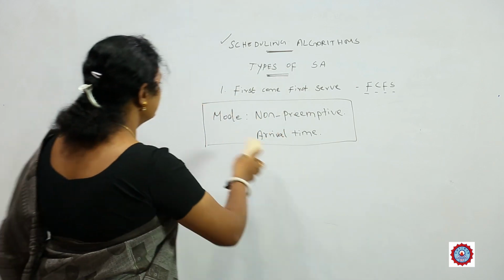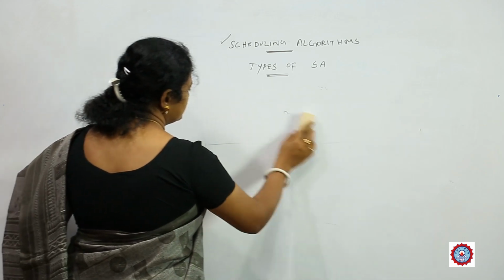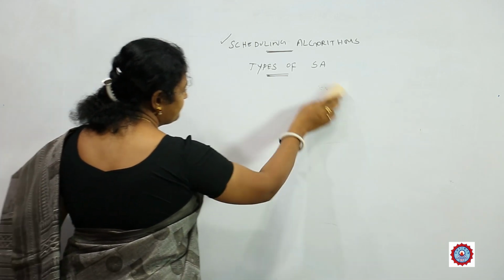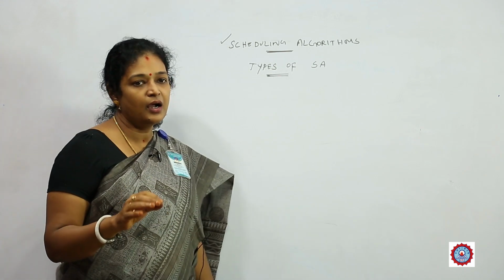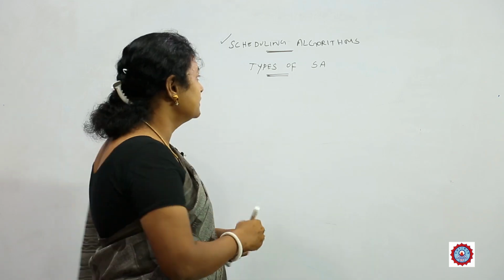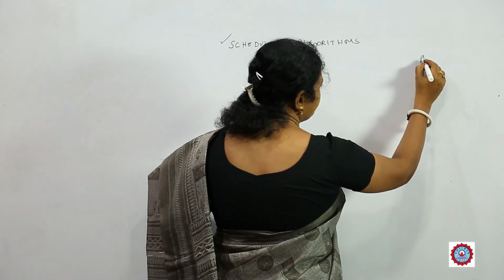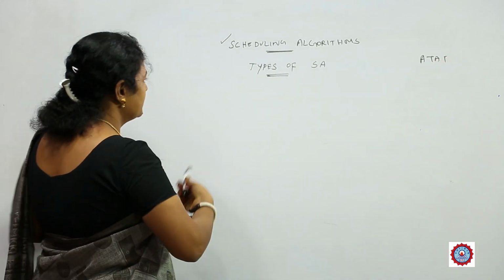Let me draw a tabular column related to this. In a scheduling algorithm, you will be asked to calculate the completion time, average turnaround time. Let me come to this one by one.